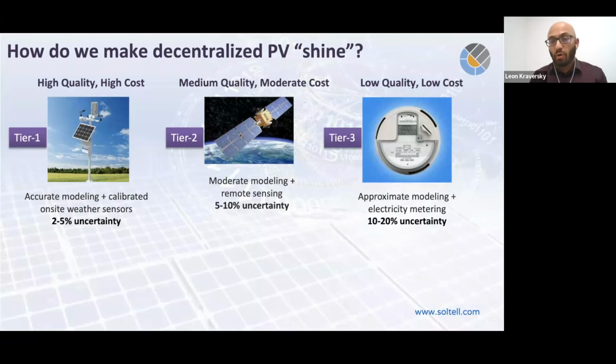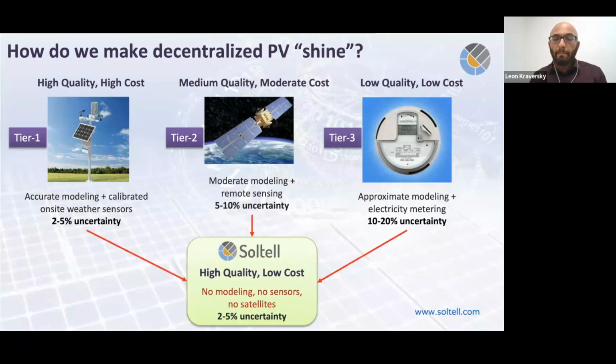In the middle, we have remote sensing techniques, which do provide some sort of solution for the centralized PV. And those can bring you to about 5 to 10% uncertainty. But on the other hand, the cost decreasing doesn't improve the uncertainty level.